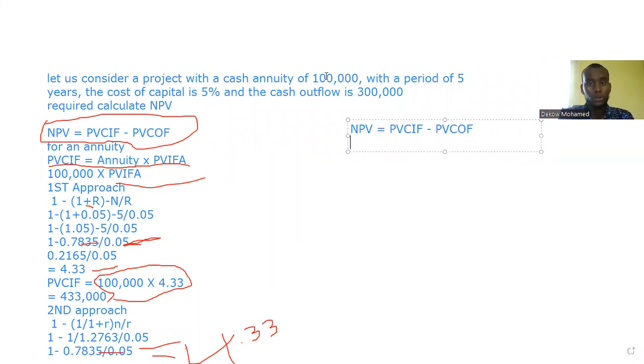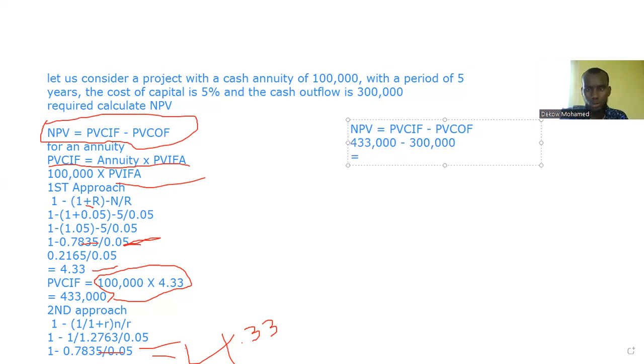In the question, we have been given the present value cash outflow, which is 300,000, and we calculated the present value cash inflow as 433,000. Then subtract it from 300,000. Now you get the NPV.